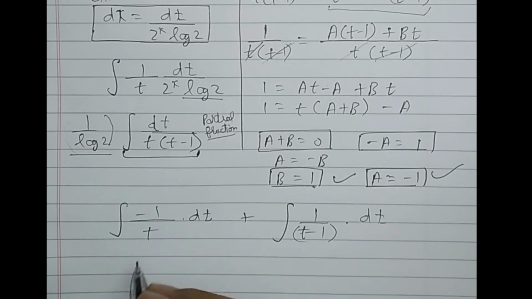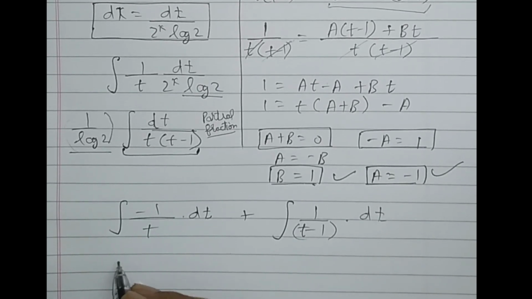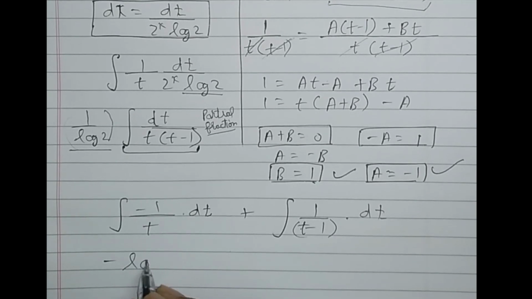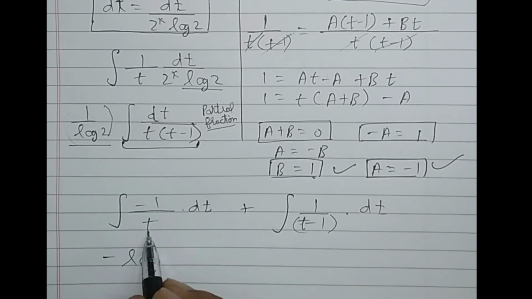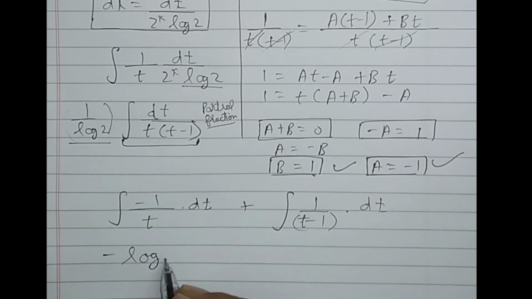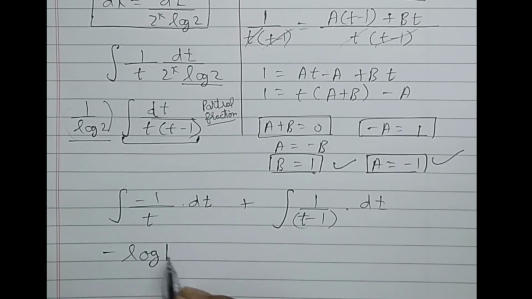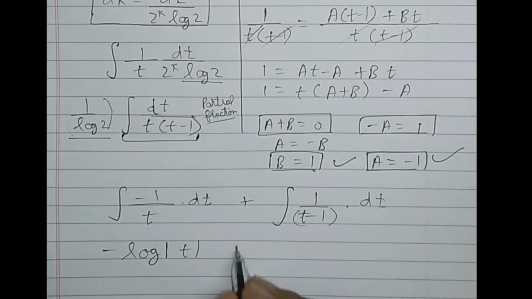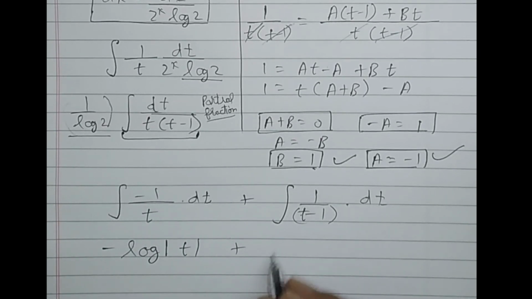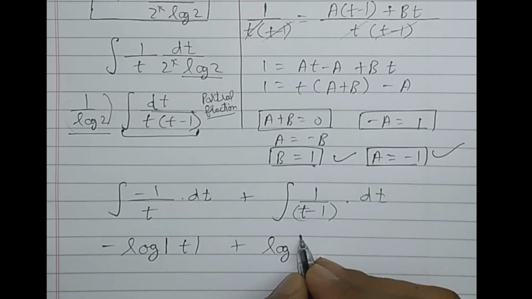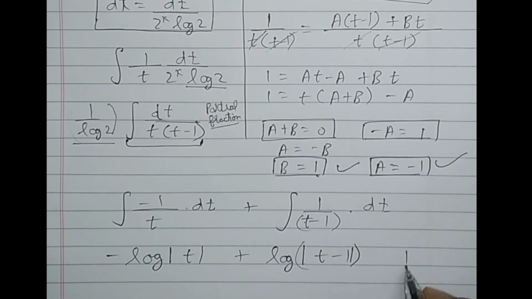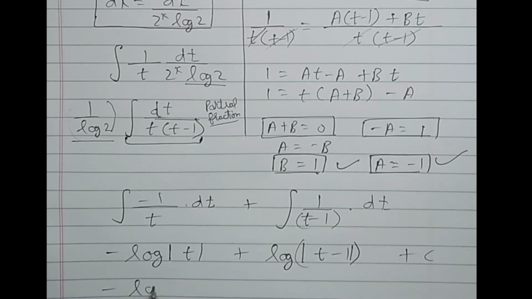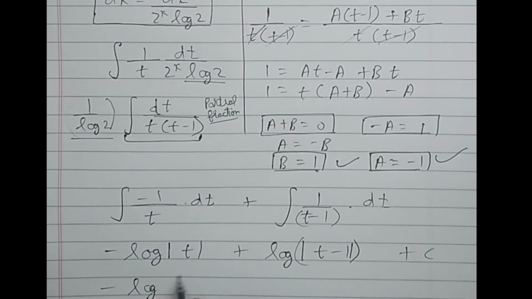So minus 1 upon t will give the integral minus log t, because anything in the denominator in linear degree will give the answer in log. Plus this is also in linear power, so I will get log of t minus 1 in modulus plus c. Now let's put the value of t, which was 2 power x plus 1.